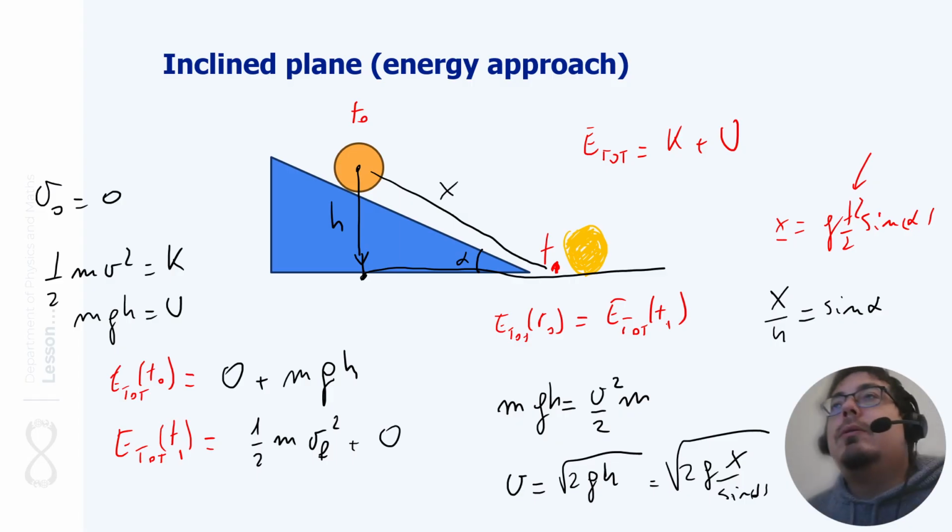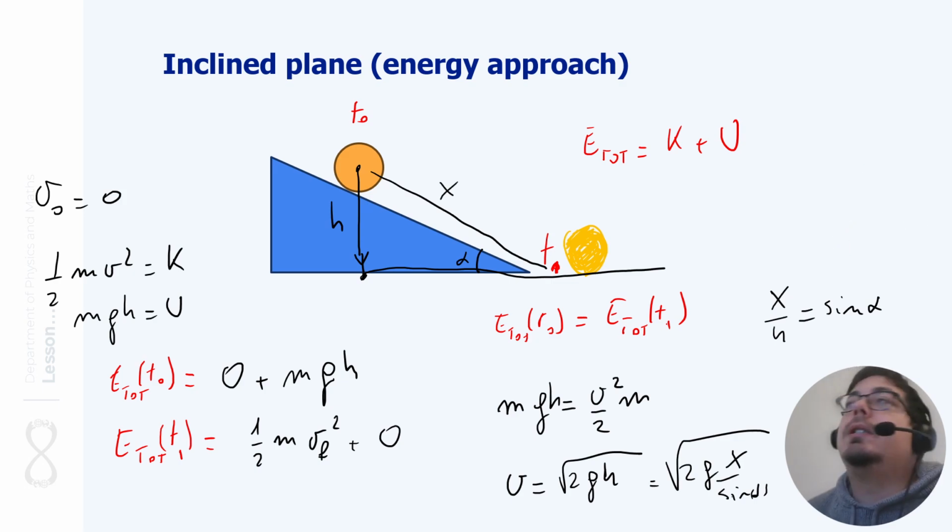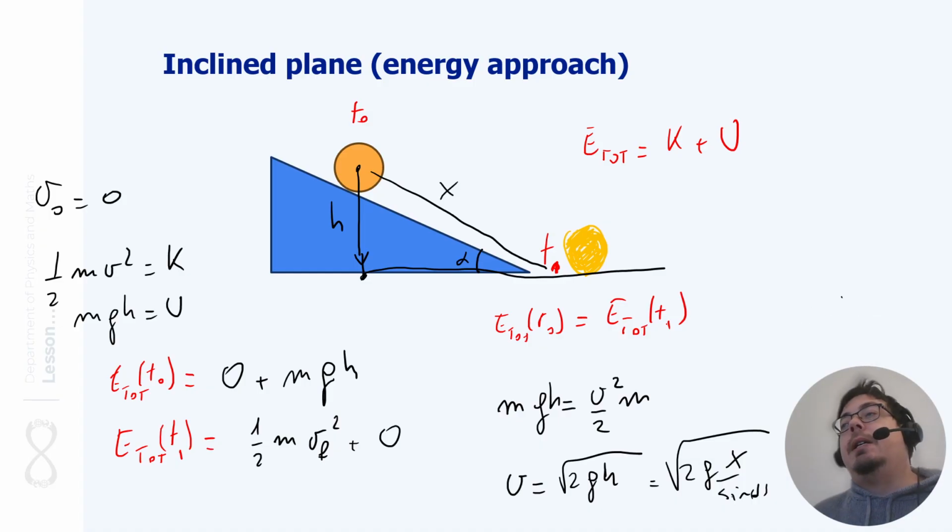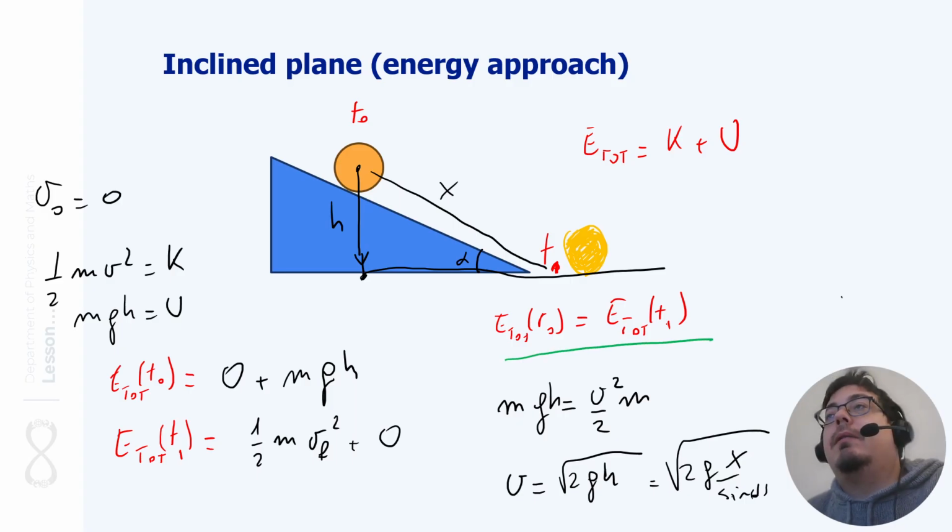So this is just to show you an example of how to solve certain problems when the energy is conserved. We can find the final velocity easily with this consideration here, where the energy is the same at the initial point and the final point, and this is because there is no friction.